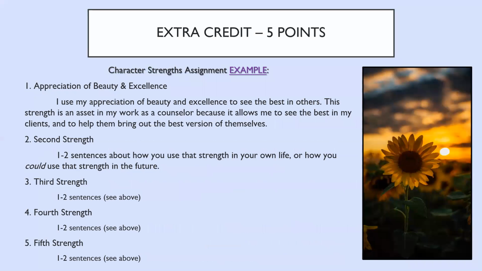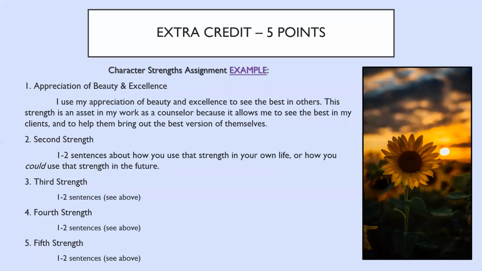I have just an example here of what that would look like. If you were writing about appreciation of beauty and excellence, which is one of the possible character strengths, I have an example couple of sentences here. I use my appreciation of beauty and excellence to see the best in others. The strength is an asset in my work as a counselor because it allows me to see the best in my clients and to help them bring out the best version of themselves.